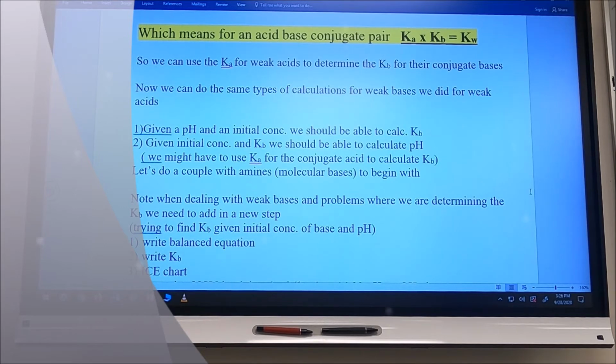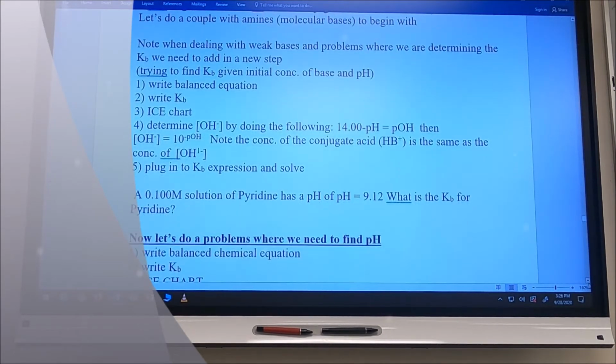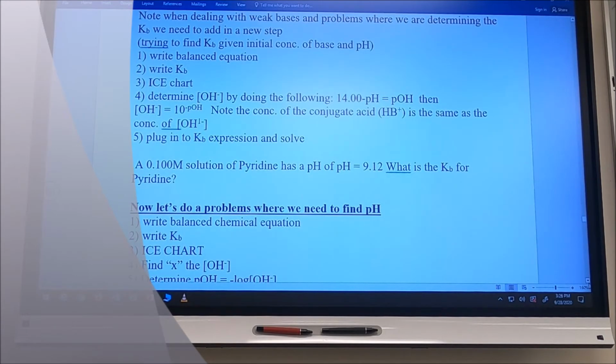Now, when we're dealing with a weak base problem and trying to find Kb from an initial concentration of the base and pH, we first have to write a balanced chemical equation. We have to write the Kb expression. You're probably going to need to do an ICE chart and then determine the hydroxide ion concentration using the following: 14 minus pH equals pOH, and then hydroxide ion concentration equals 10 to the minus pOH.